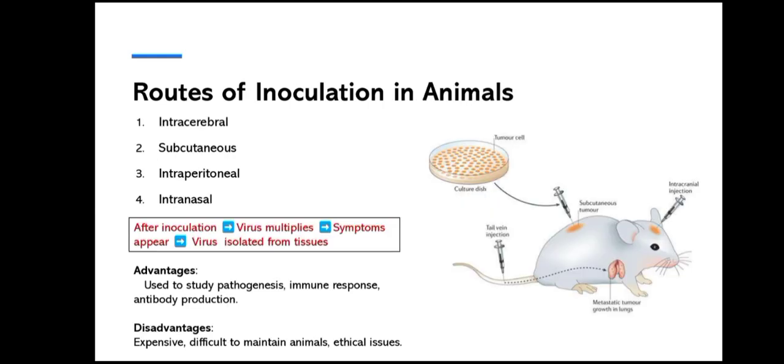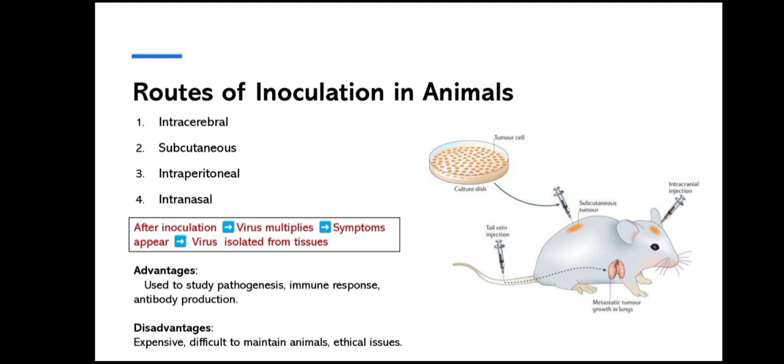The routes of inoculation in animals: there are four main routes. One is intracerebral, then subcutaneous, then intraperitoneal, then intranasal. You can see in the diagram how it is inoculated. After the inoculation, the viruses multiply and the symptoms appear. After the appearance of the symptoms, the virus is isolated from the tissues.